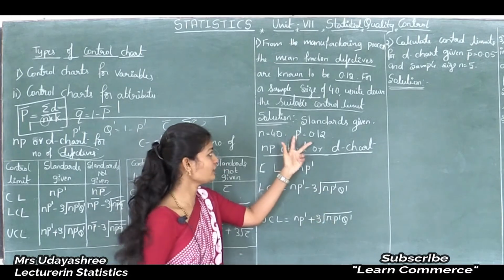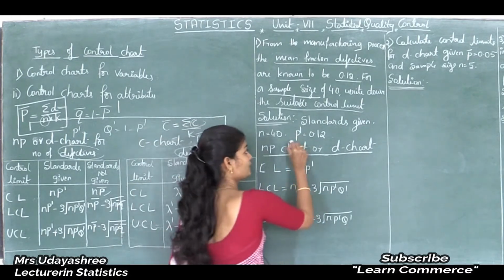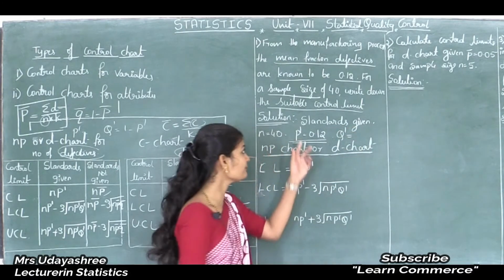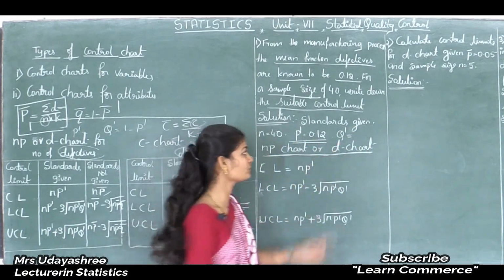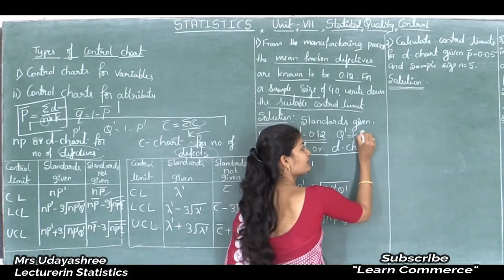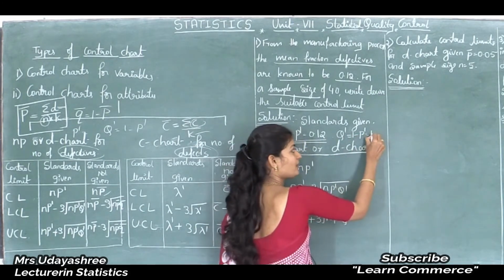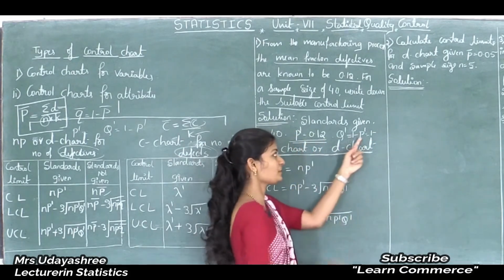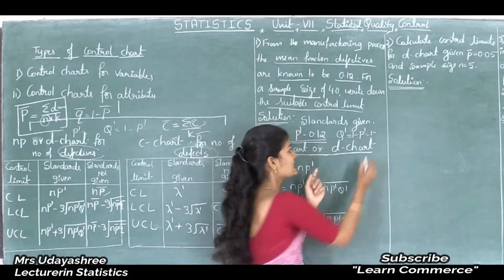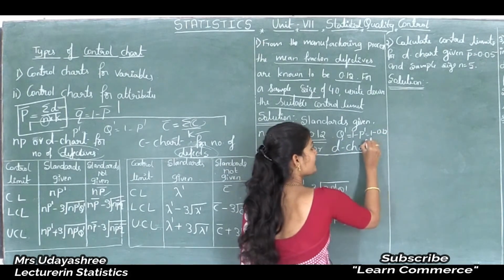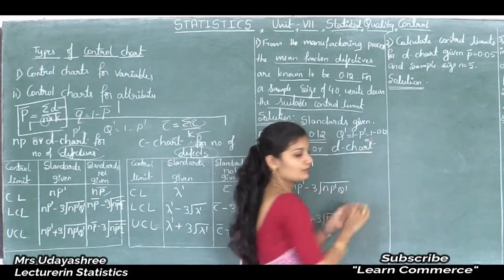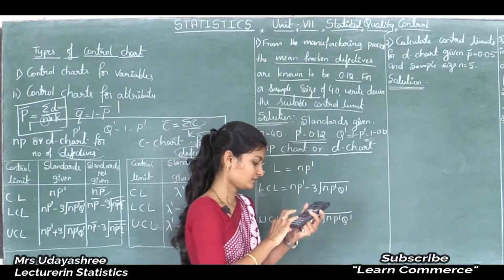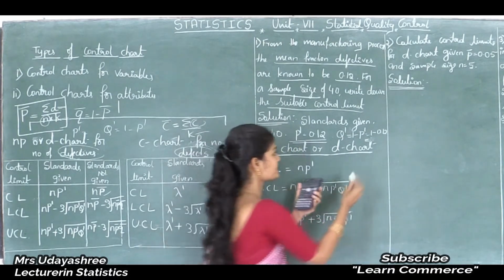Here we have the P dash value. How do we calculate Q dash? We already discussed that in theoretical distribution: if the P dash value is given, Q dash is 1 minus P dash. The P dash value is 0.12, so substituting, Q dash equals 1 minus 0.12, that is 0.88.